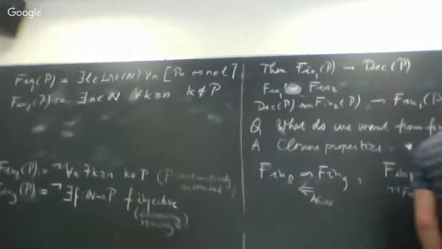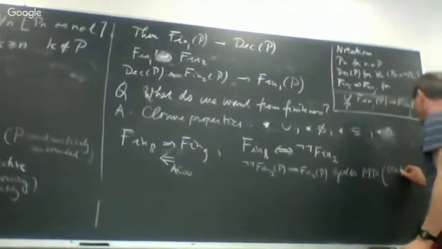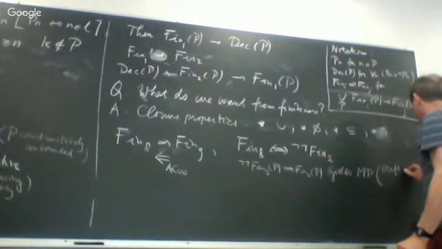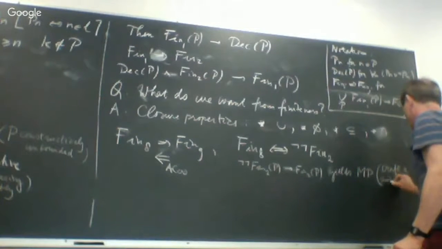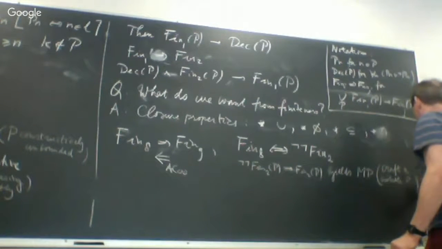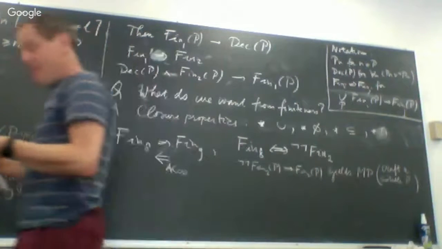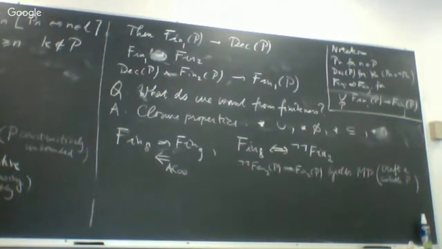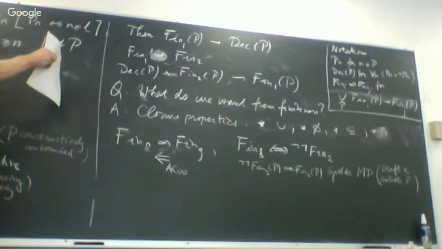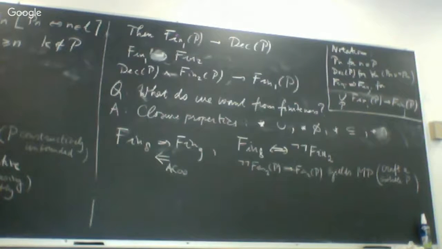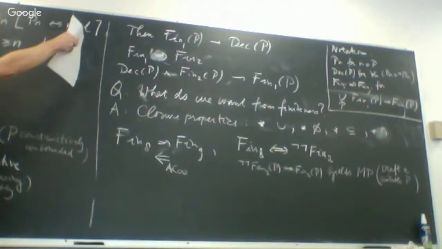And here, to do this, you have to craft a suitable P. On the other hand, if you have Markov's principle, you get it for decidable P. Well, no, since this is still not decidable even for decidable P. It is still stronger, since by this quantifier it is not a decidable predicate of n.